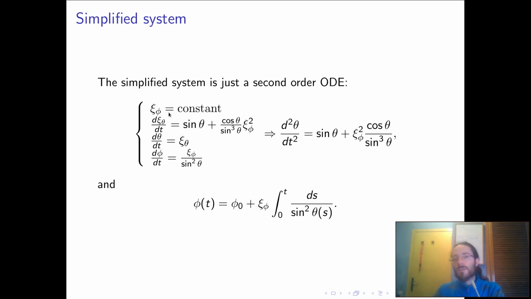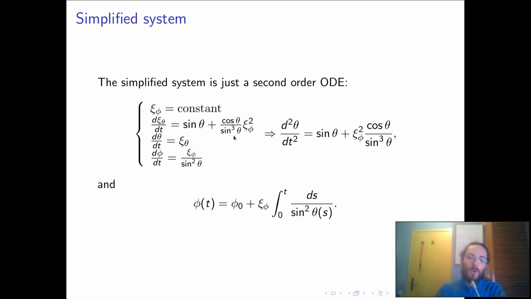So we need to take into account that every time that this momentum appears, this is a constant. So here this is a constant, and here this is a constant. And we can see that these two equations are actually one second order ODE, or we can leave it as two first order ODEs. Either way is valid. And we can see that this equation here actually plays no role in the system.